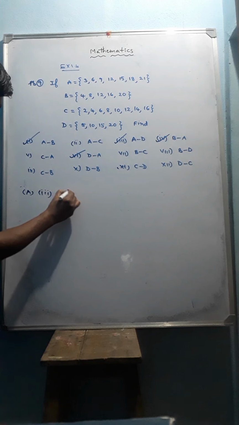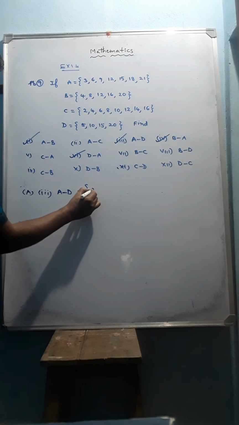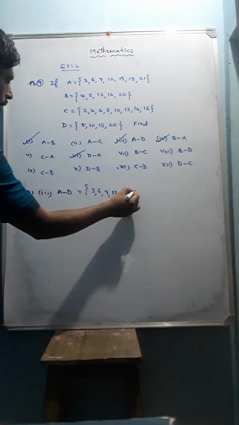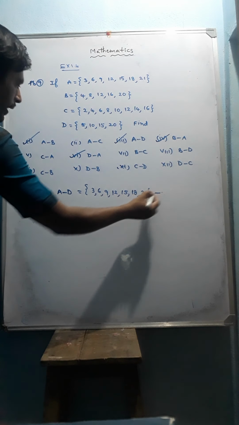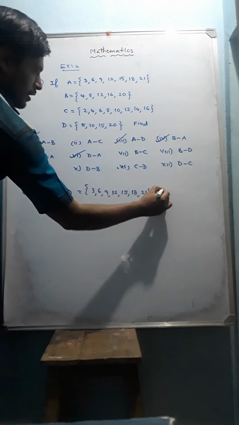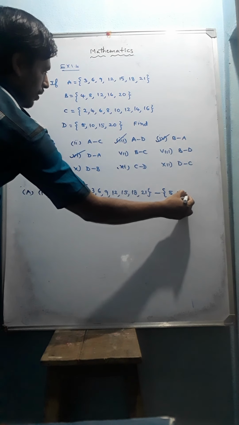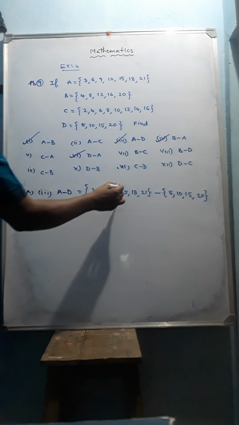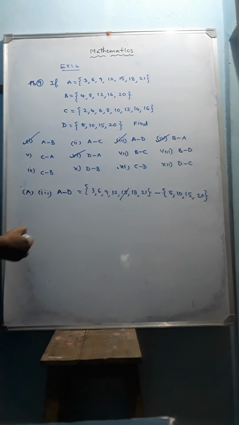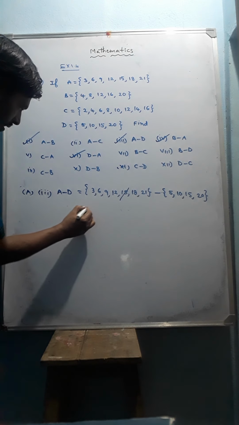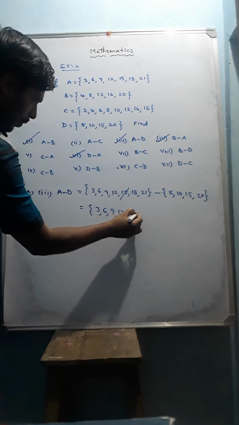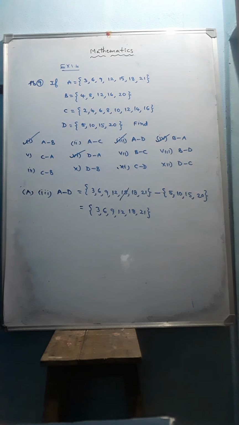A minus D. First the A set elements: 3, 6, 9, 12, 15, 18, 21, minus the D set elements: 5, 10, 15, 20. Is there any common element? Yes, only 15. So cancel it in the first set. The remaining elements are 3, 6, 9, 12, 18, 21. That is the answer.